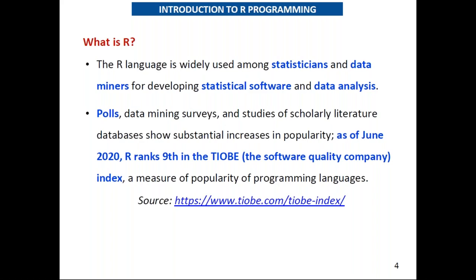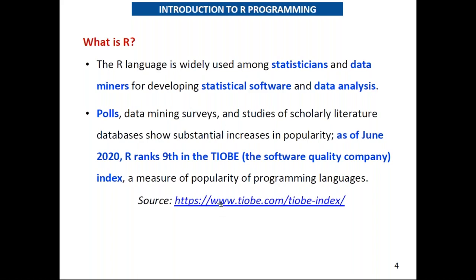TIOBE is a software quality company which analyzes the impact of programming languages based on their importance and uses. According to this company's index ranking, R stood at ninth position as of 1st June 2020. This is a measure of the popularity of programming languages.